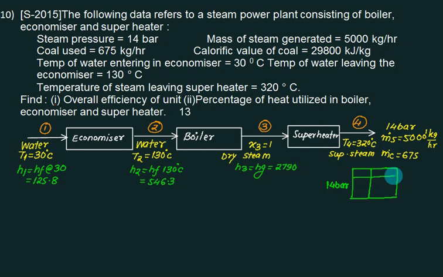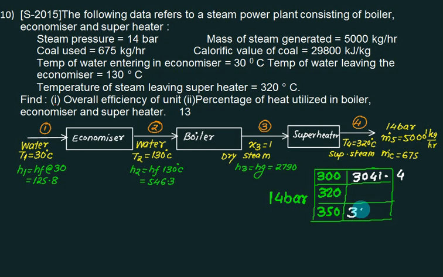Is a value available for 300? Is a value available for 350? We want to calculate for 320. What is the value at 300? 3149.5. We don't know this. Let's call this A, this B, this C. This one is temperature, this one is enthalpy.